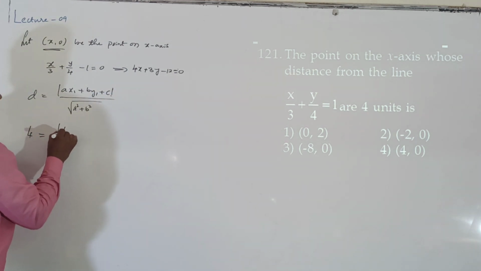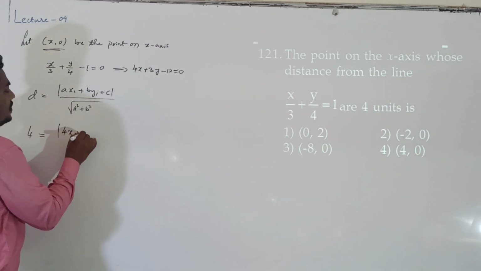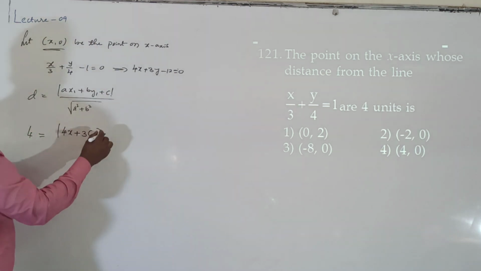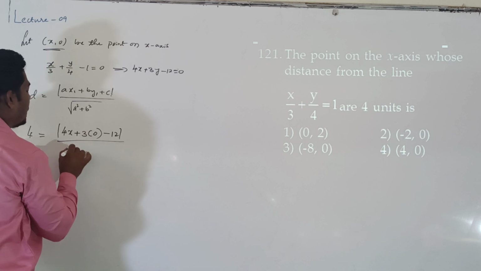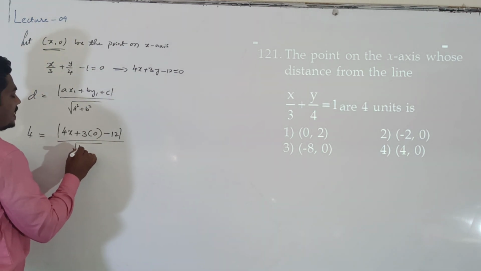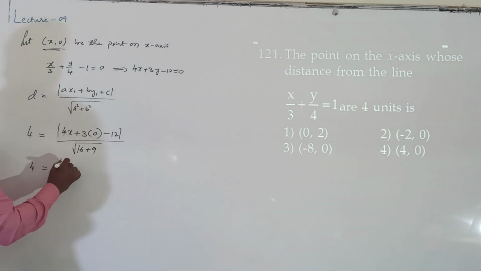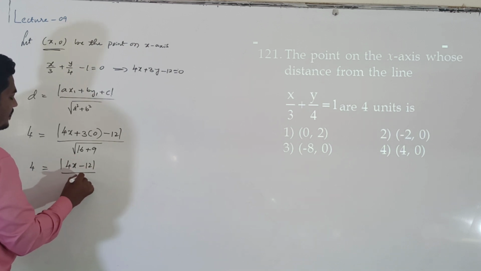Modulus of a value 4, x1 value x, plus b, y1 value 0, minus 12, divided by square root of a square plus b square, that is 16 plus 9. Then 4 is equal to modulus of 4x minus 12 divided by 5.